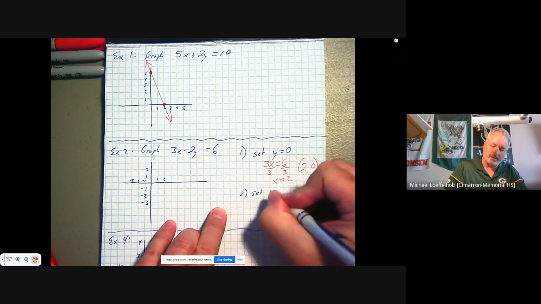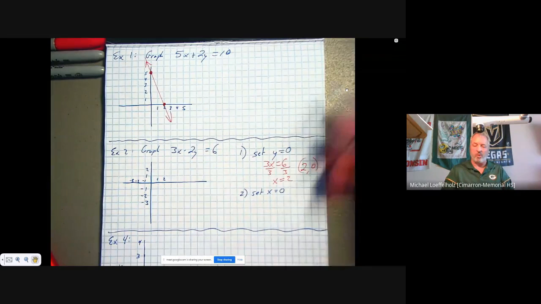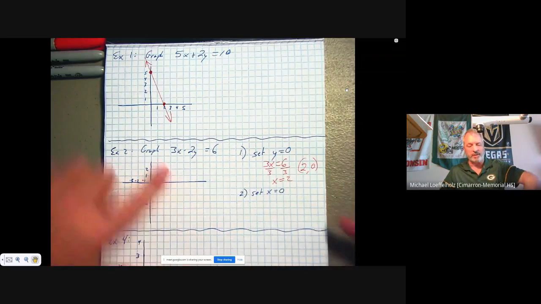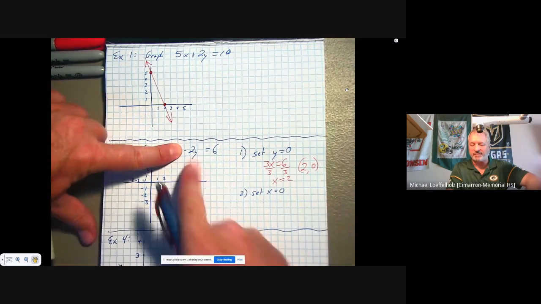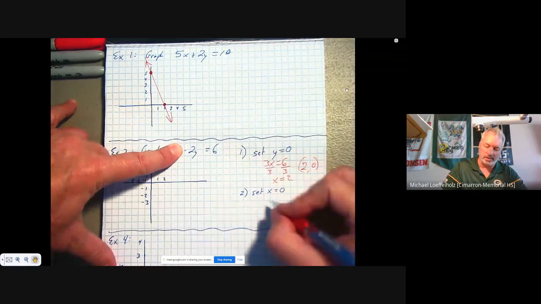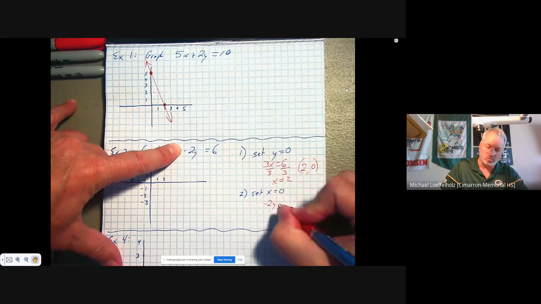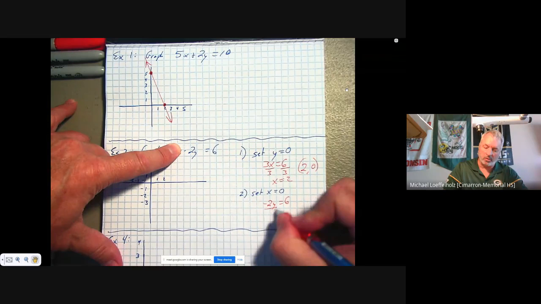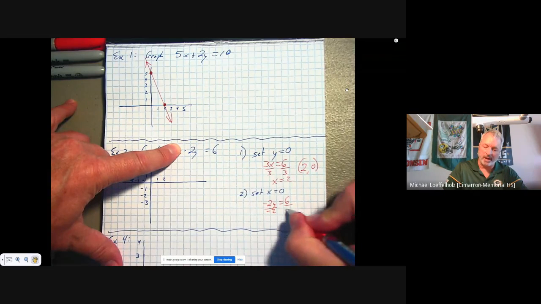Then I go to the next step. Set x equal to 0. We already did y, now we're going to do x. If I set x equals 0, that means this piece disappears, but the negative sign stays. So this time we have negative 2y equals 6. Again, I divide by the coefficient, so minus 2 divided by minus 2.